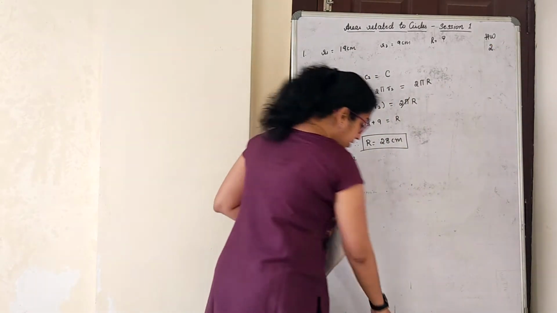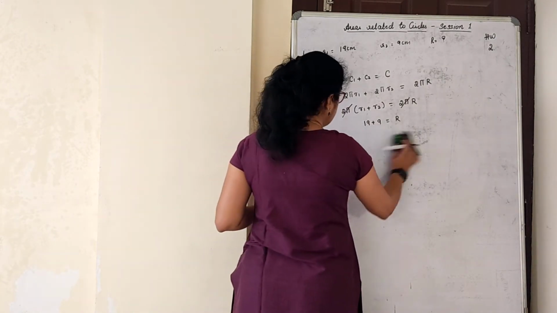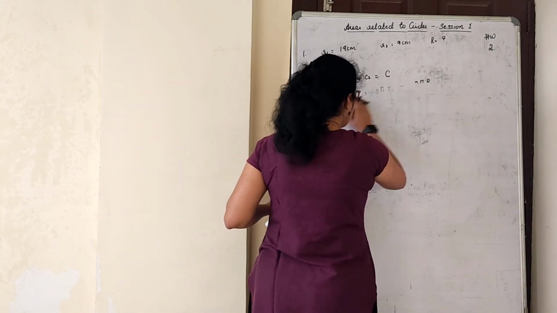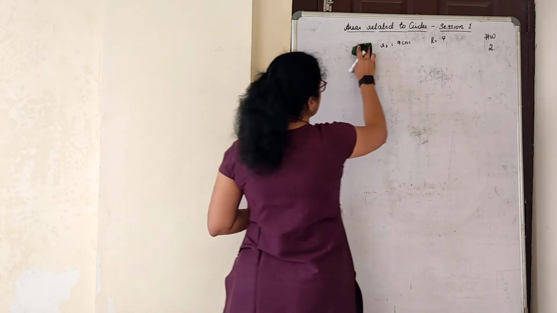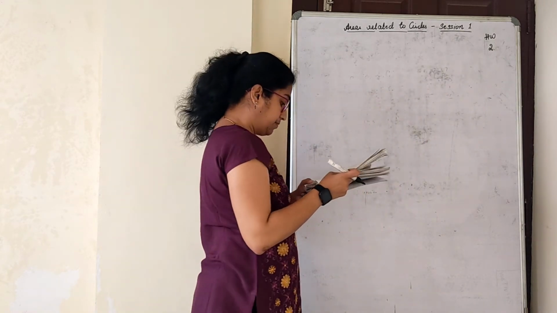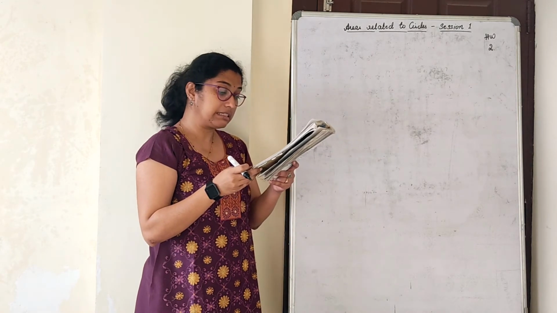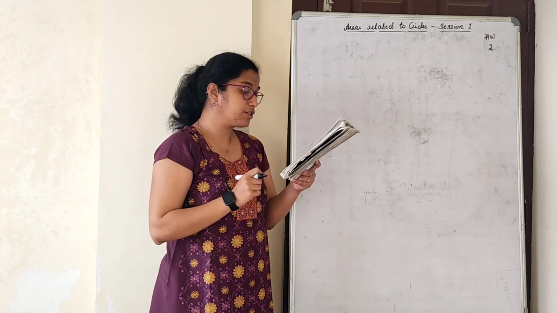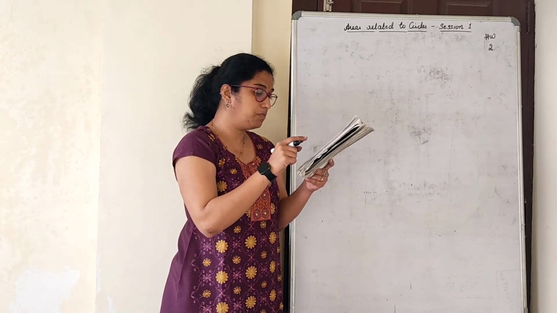We'll go with the third one. Third one is a bit lengthier, but it is very simple if you actually understand. The figure depicts an archery target marked with its 5 scoring regions from center outwards as gold, red, blue, black and white.